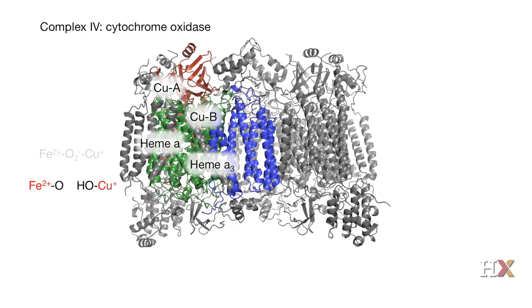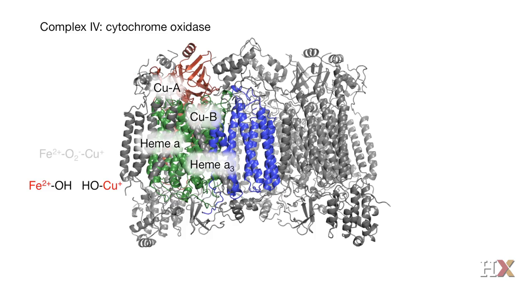Step 4. A fourth cytochrome C in its reduced form binds to complex 4, passes its electron through the same path. And this electron, in combination with another proton that is extracted from the mitochondrial matrix, will lead to the formation of a hydroxyl group that is attached to iron.